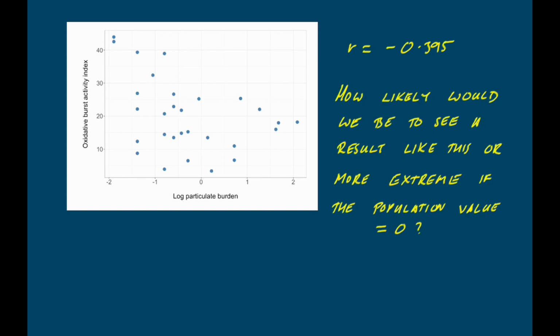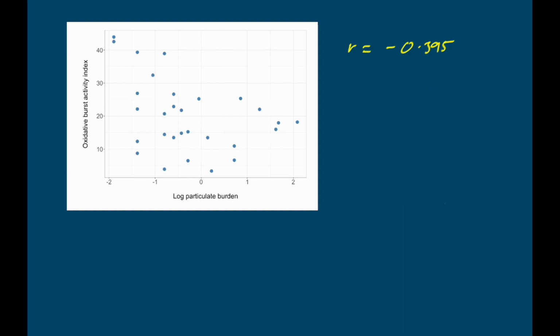What's the probability that we just by chance happen to get a few data points with a high particulate burden and a low oxidative burst index, and then a few data points with a low particulate burden and a high oxidative burst activity index, and then just got this pattern by sampling error, by random chance? How likely would we be to see an R value of -0.395 if in fact the actual population value was 0?